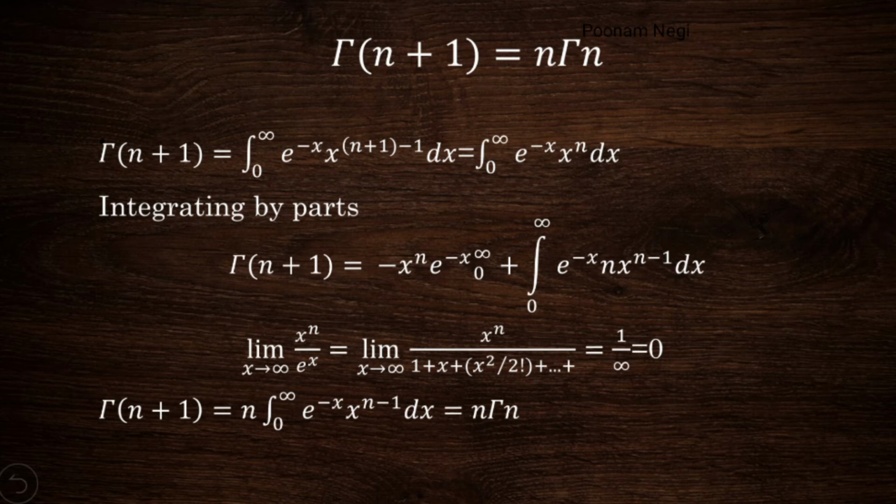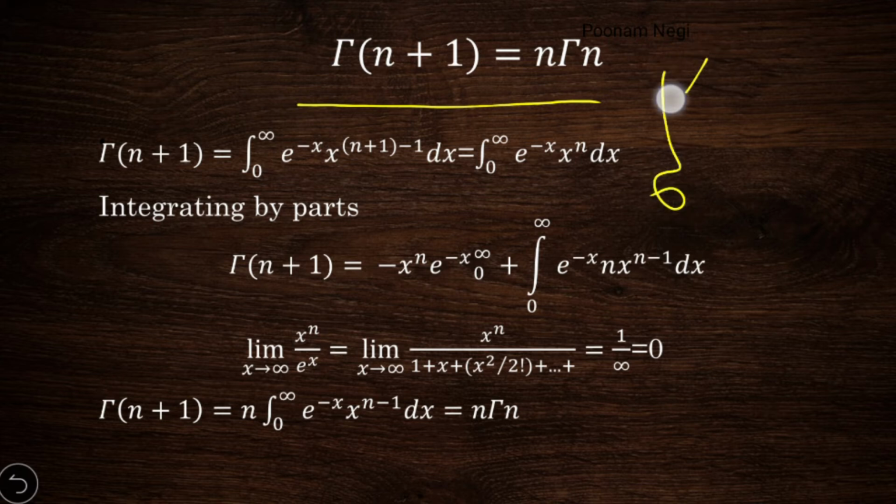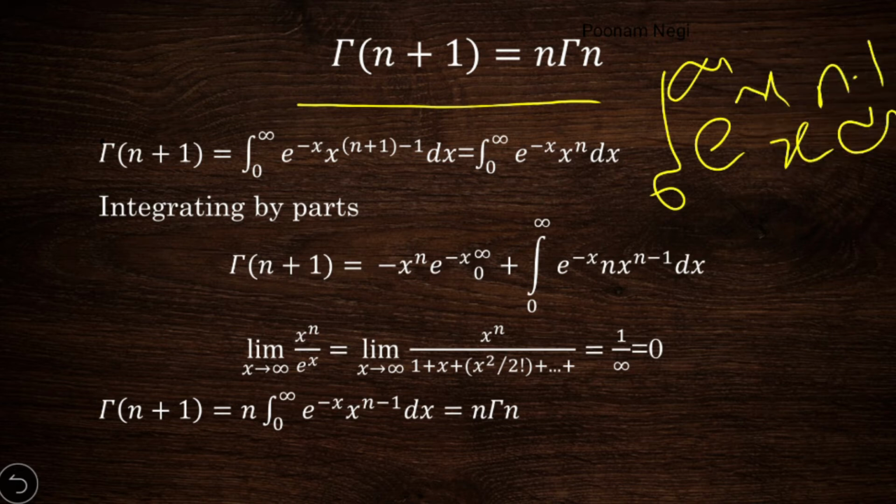Now, let's prove that gamma n plus 1 equals n gamma n. We have gamma n equals the integral from 0 to infinity of e to the power minus x, x to the power n minus 1 dx. Now replace n by n plus 1. We have gamma n plus 1 equals the integral from 0 to infinity of e to the power minus x, x to the power n dx.